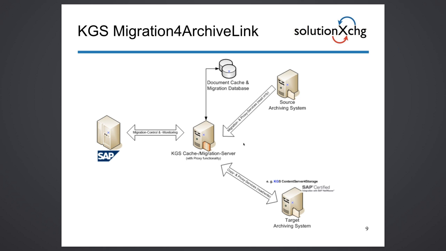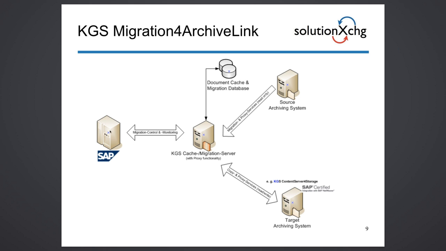And we'll talk a little bit later about speed and how we adjust the migration functionalities so that we max out the speed between all these components, but at the same time, we're not impacting any end user retrievals. Now, another big advantage of the migration server is that you can start putting documents into your new target system immediately from day one.